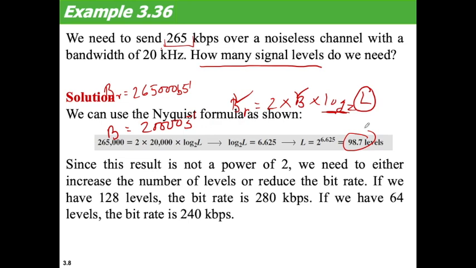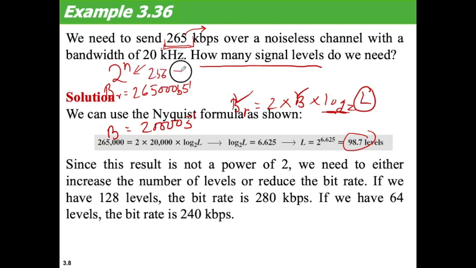We'll get a decimal value, right? So what we can do is increase the bit rate. Like we need to send 265 kilobits per second, we can go up to the next number which can be written as 2 to the power n, right? So the next value which can be written as 2 to the power n is actually what?